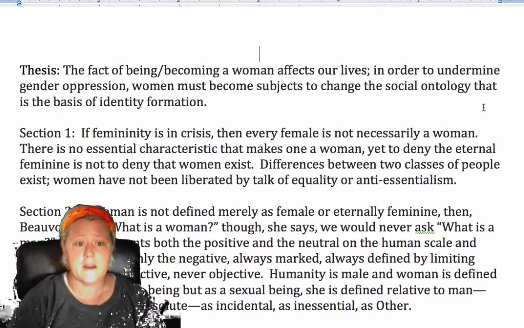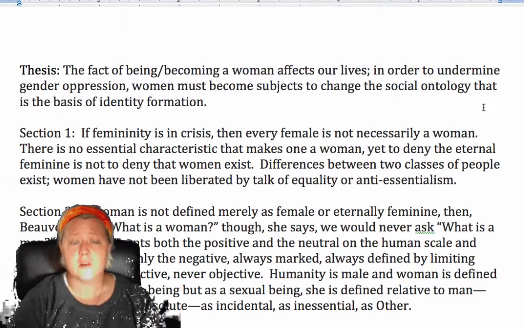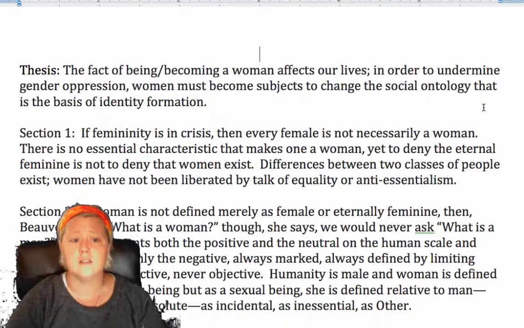She's arguing here that in order to undermine gender oppression, women have to acknowledge the fact that they are others in social relationships with men, and that we have to become subjects in order to change the social ontology that is at the basis of our identity formation.